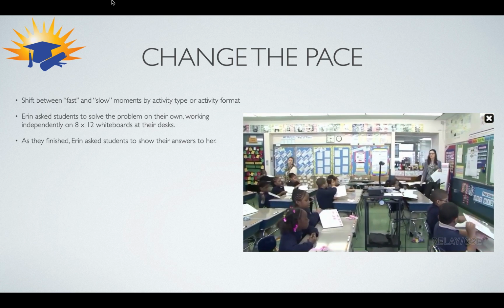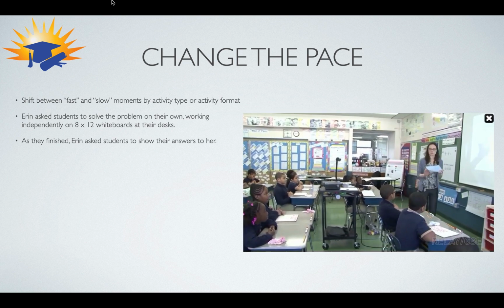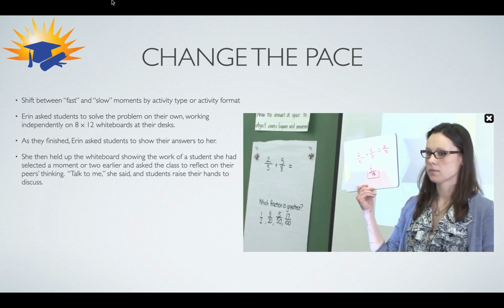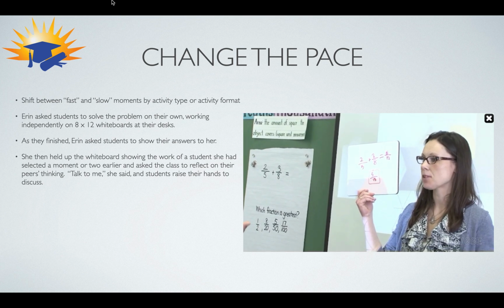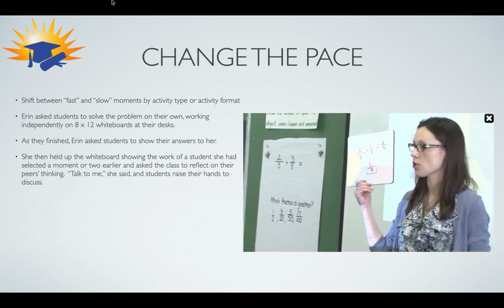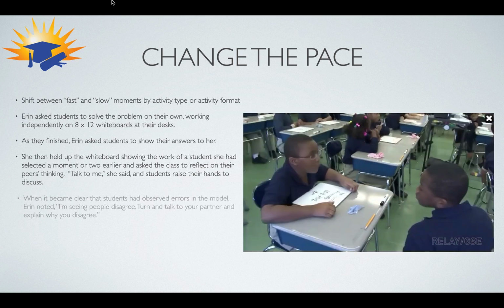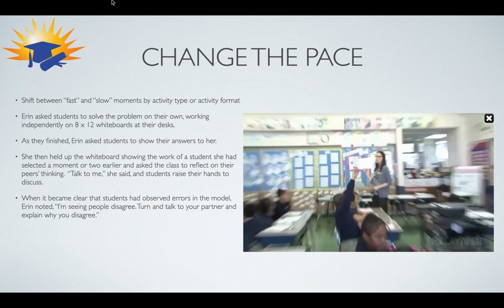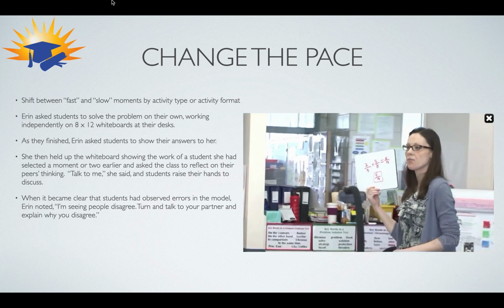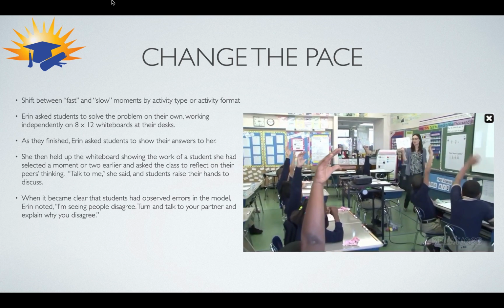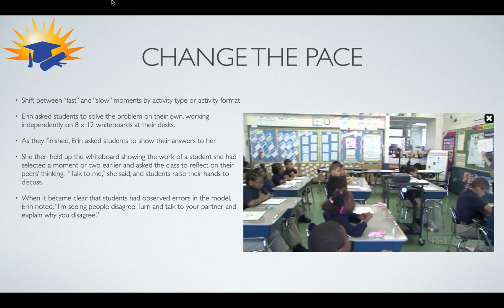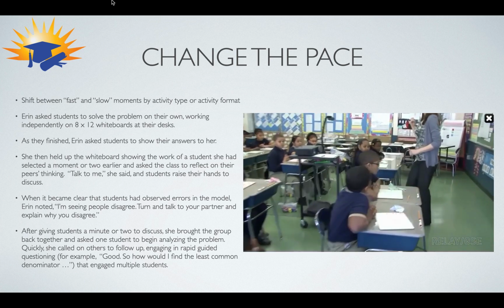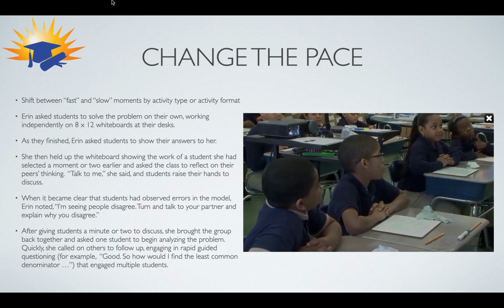Boards down. Talk to me. I'm seeing people disagree. Turn and talk to your partner and explain why you disagree. First, you have to use the least common denominator. 3, 2, 1. Javon, start us off. I think that's incorrect. It's incorrect because you're not supposed to add the denominator because the value gets smaller.